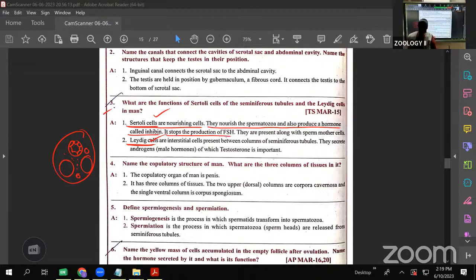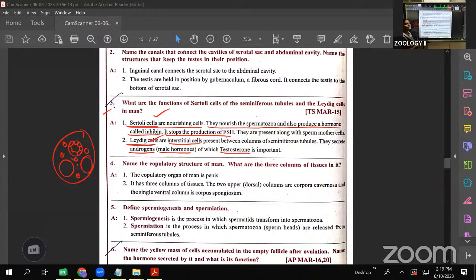Next, the Leydig cells are the interstitial cells. They are present in the interstitial tissue. They secrete androgens, the male hormone testosterone. Clear?